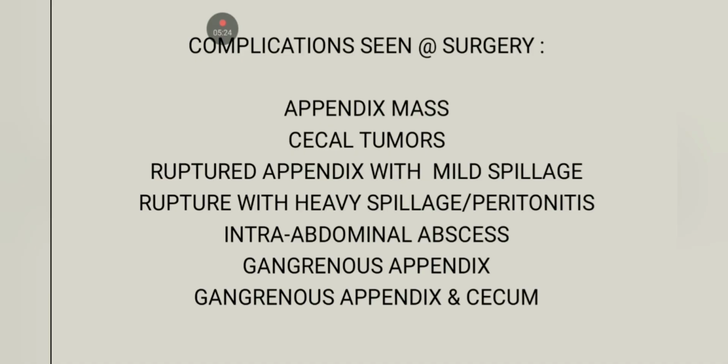Then other findings, though not common, are cecal tumors. With proper radiological investigations, this could be identified pre-op. Then also a common finding is ruptured appendix, though with variations in the amount of spillage of fecal contents that is seen.